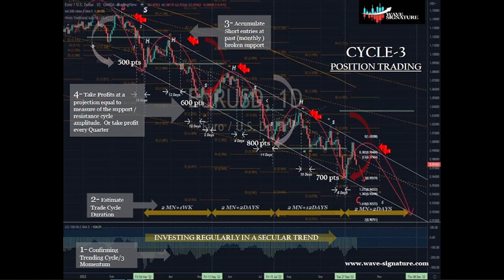So it's like a fixed income investment, whereas the period or the time at which you're going to be holding the investment and the projected yield at the end of that duration.